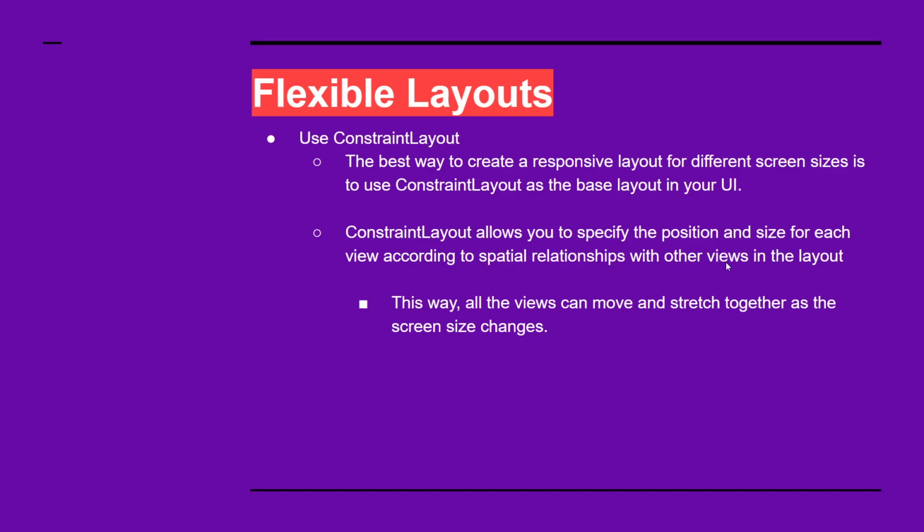If you have a screen in your app, an activity or fragment, the views are the labels, buttons and text boxes, and you can specify their width, height and positions in relation to the other views. You saw this already in one of our previous lessons, the calculator example.